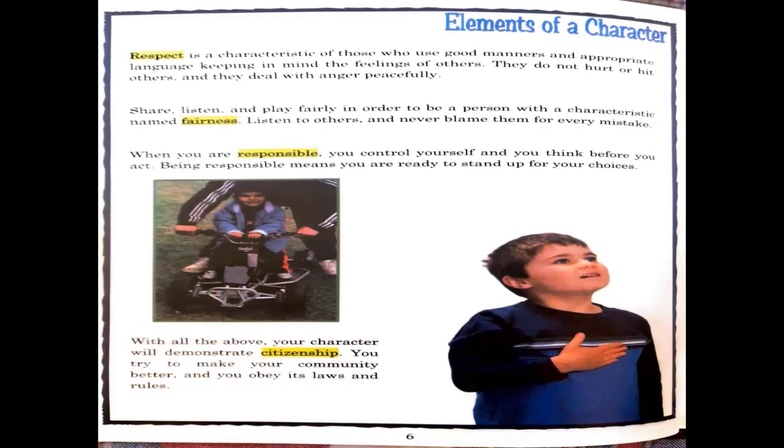When we talk about responsibility, a person who is responsible should control himself and think before he acts. The way in which he is going to act, he has to think before that. Being responsible means you are ready to stand up for your choices.